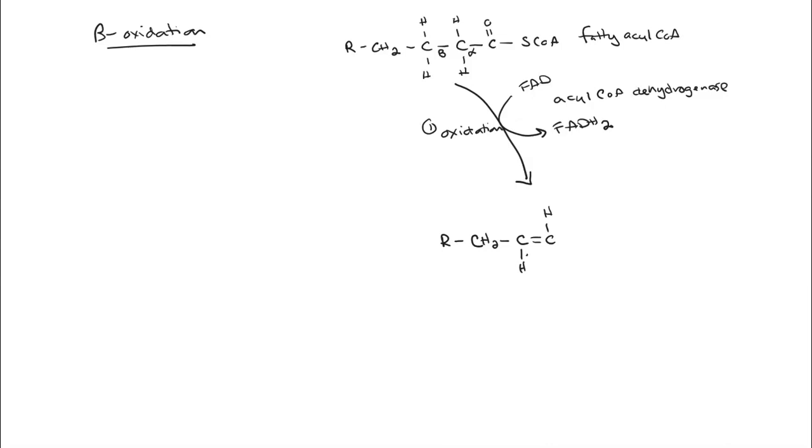Notice that we still have our beta carbon and alpha carbon, but we've removed one proton from each of them. That's why we have FADH2 now. We've reduced our FAD to FADH2, and we've oxidized the bond between our alpha and beta carbons, forming a double bond.